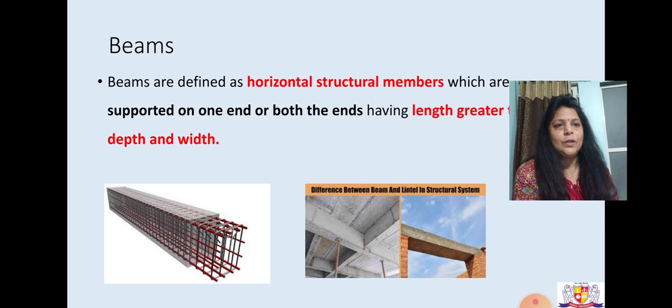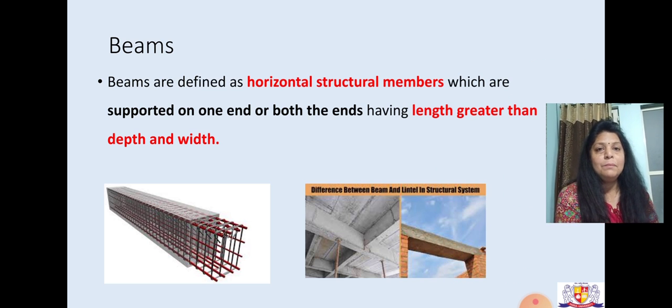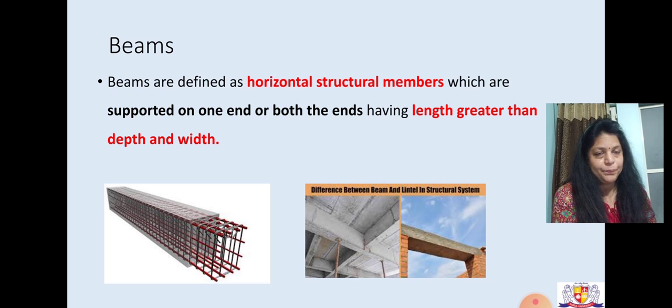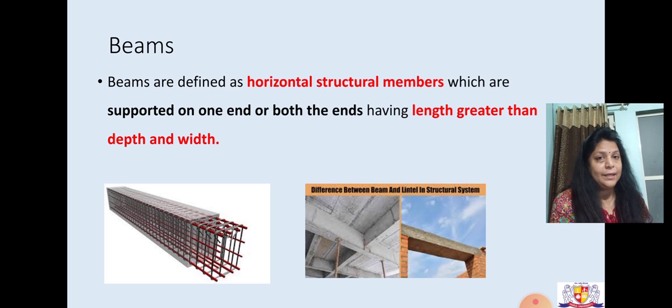First of all, we all know that there are various components in any particular building structure, right? Any particular building has got components like beam, column, slab, floor, ventilators, lintel, right? X number of members are there in a particular building.